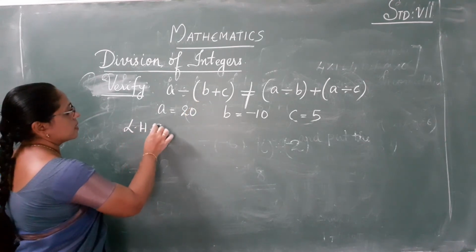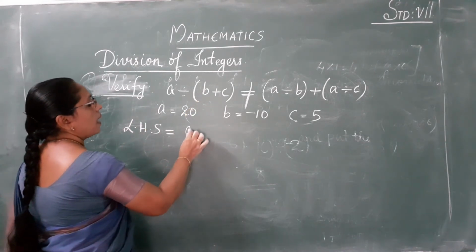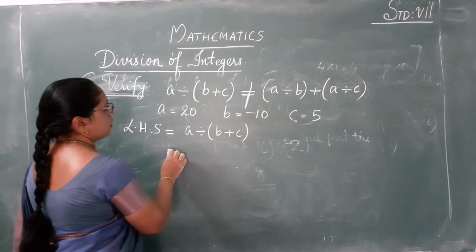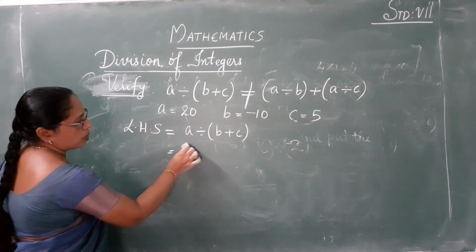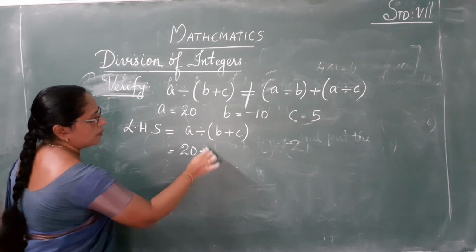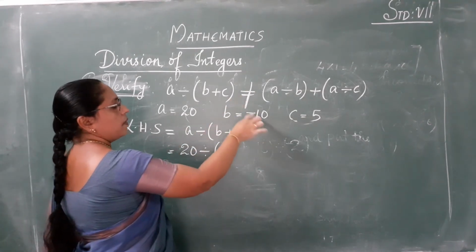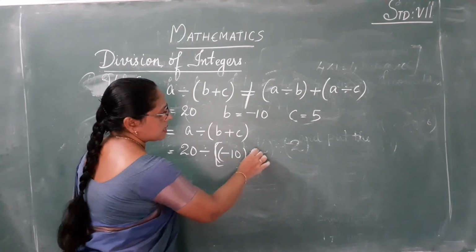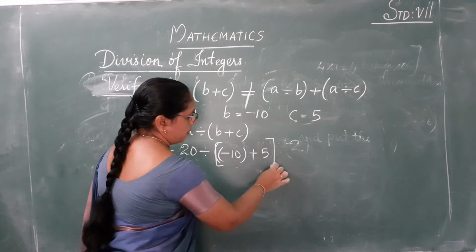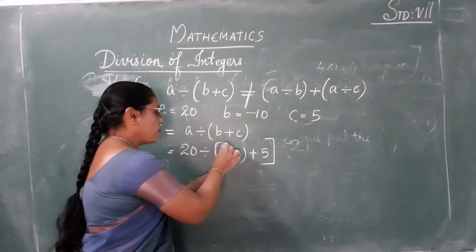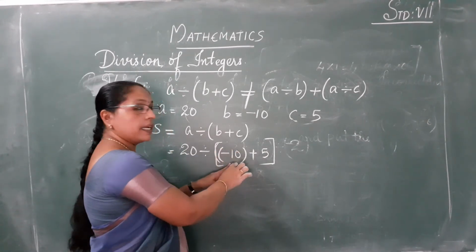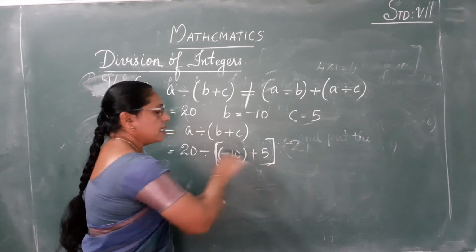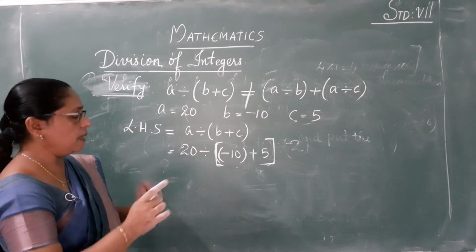Left hand side is A divided by B plus C, equal to A, put the value 20, divided by B. What is your B value? Negative 10 plus C value 5. When a small bracket comes inside for a negative integer, make sure you put a square bracket outside. Differentiate the brackets.